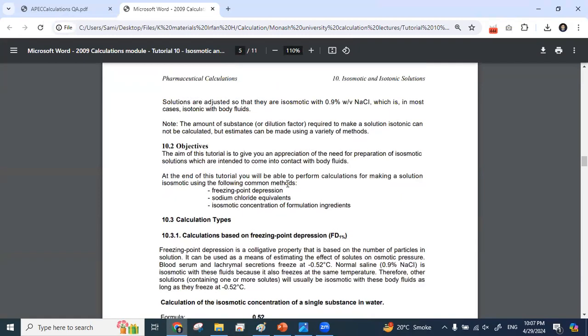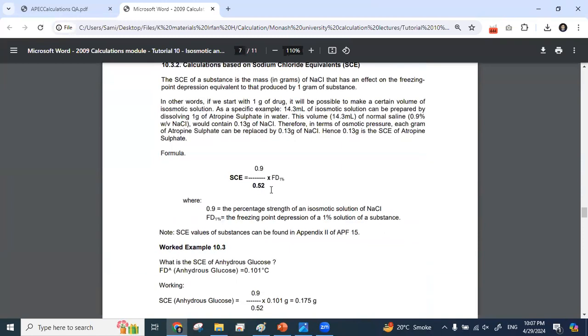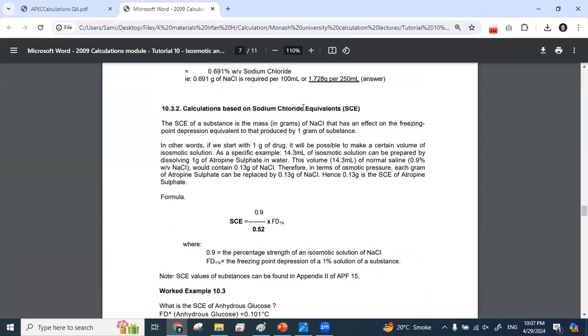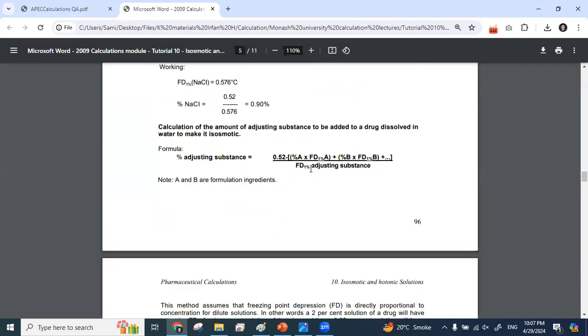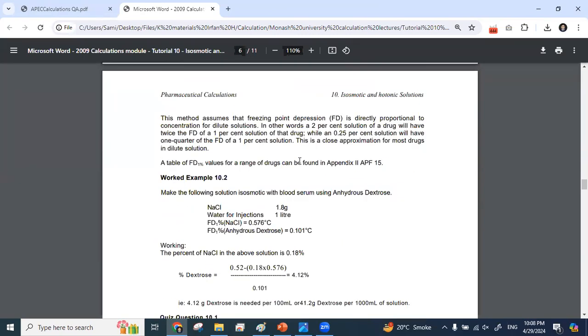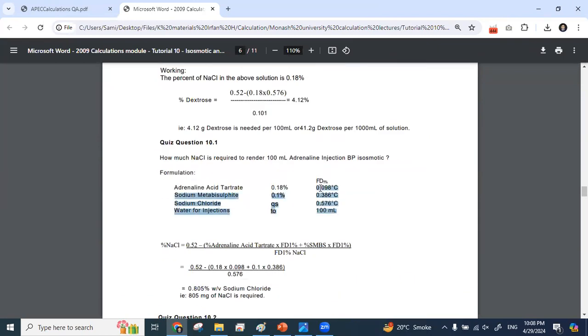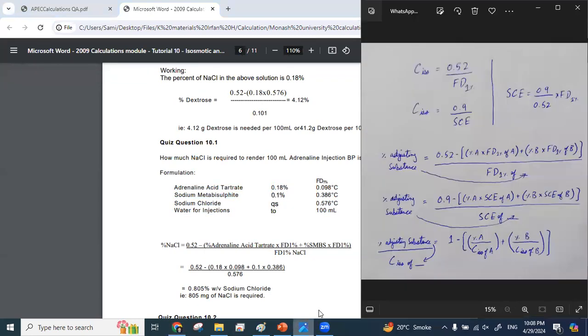This is about the freezing point depression, and then there is a small theory when they talk about sodium chloride equivalents. You can go through this theory and you will have a good idea of what all of these three things are. But for the sake of calculations, I have just given you an overview. All of these values are going to be given in the formula, even in the question, and we are going to put these values in these kinds of formulas.